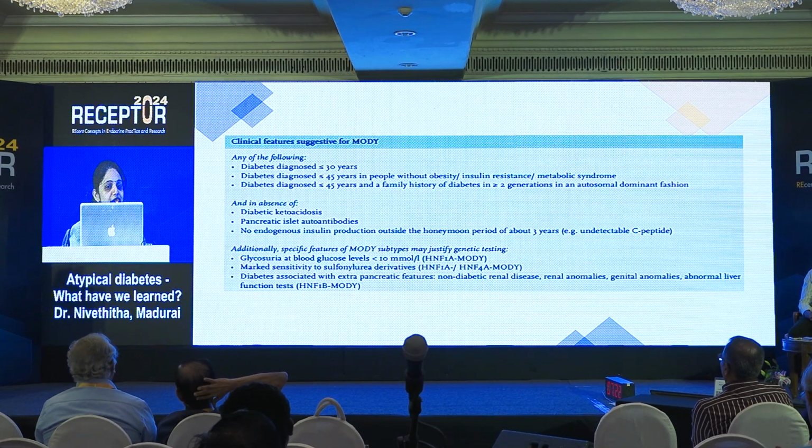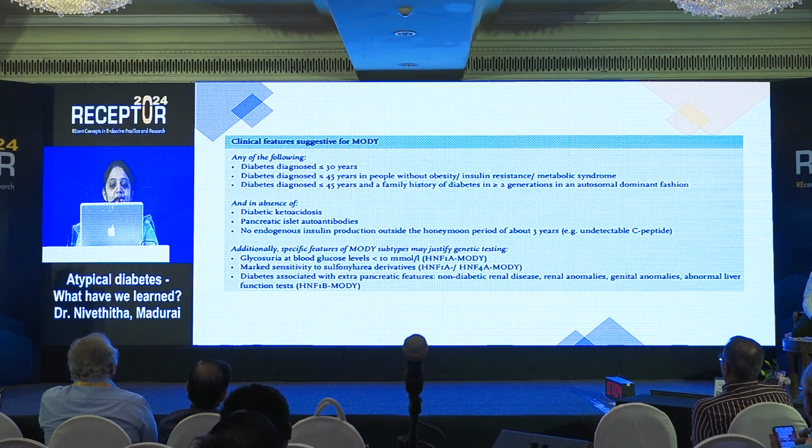In the absence of DKA, no autoantibodies, and C-peptide has to be normal. These are the criteria, and we have other additional specific features: they might have glycosuria even at normal blood glucose levels, marked sensitivity to sulfonylureas, and extra-pancreatic features.